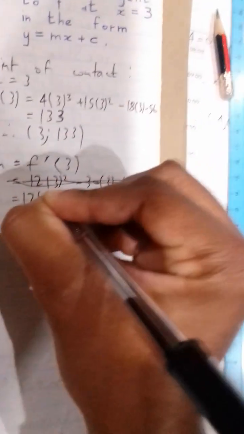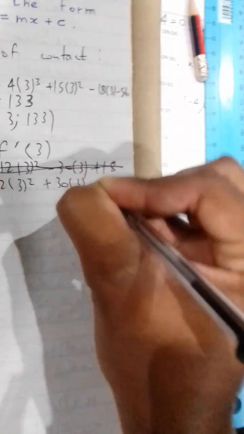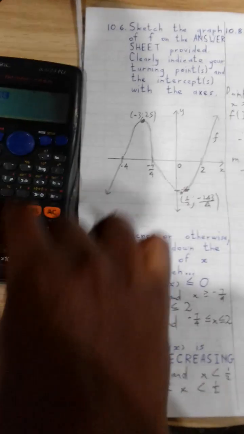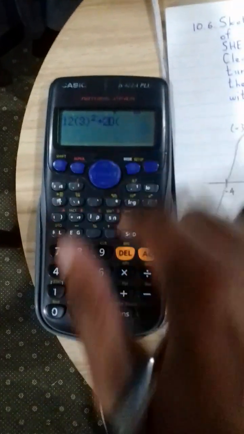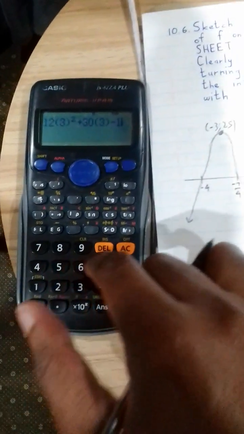It's actually plus 30x minus 18, my mistake. Okay, it's supposed to be 30 here. So the gradient is 180.